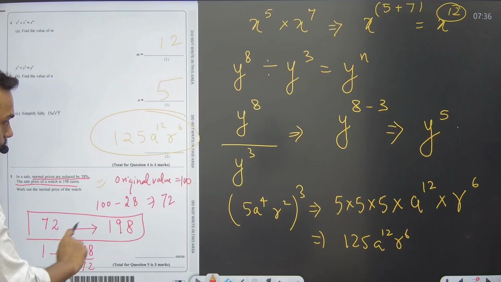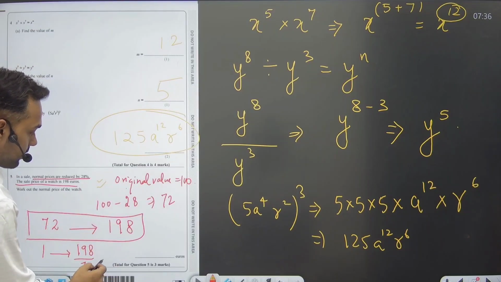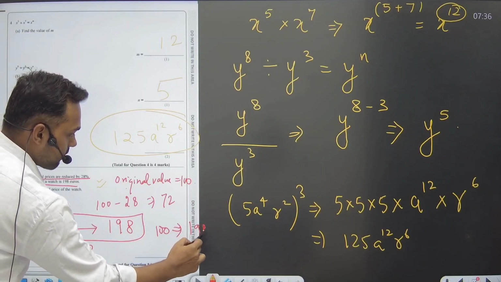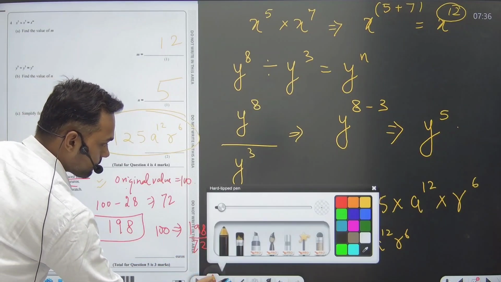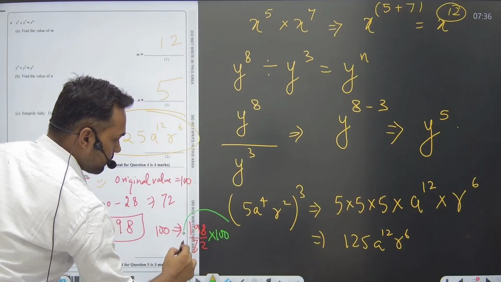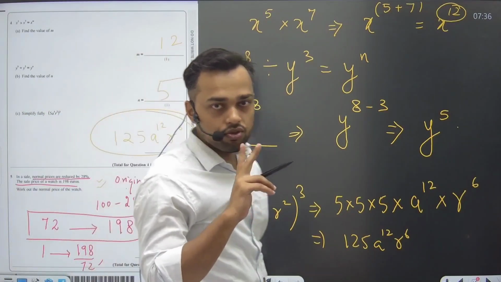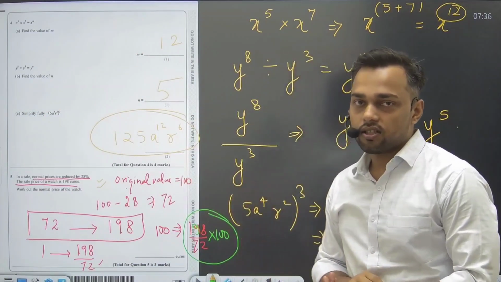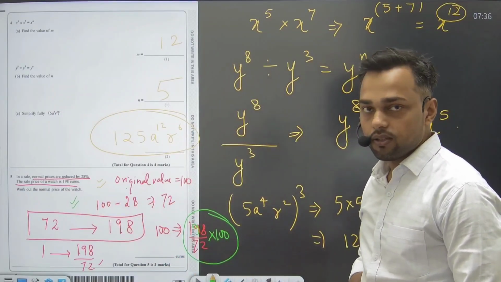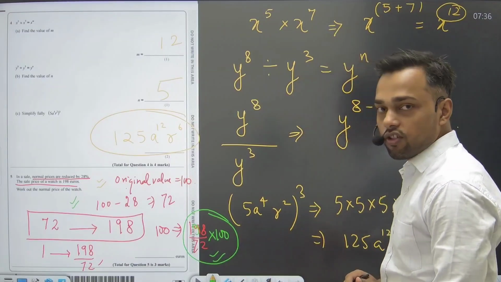Similarly, the original value which we have fixed in this question was 100, so for 100 it will be 198 upon 72 cross 100. So this is our solution. I have discussed two methods to approach this question, and both of the methods are correct. The second method is known as the assumption method. Here is the value, 198 upon 72 cross 100.